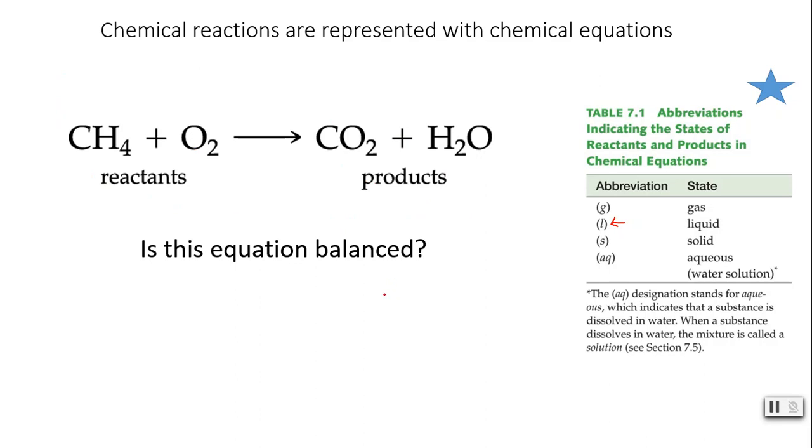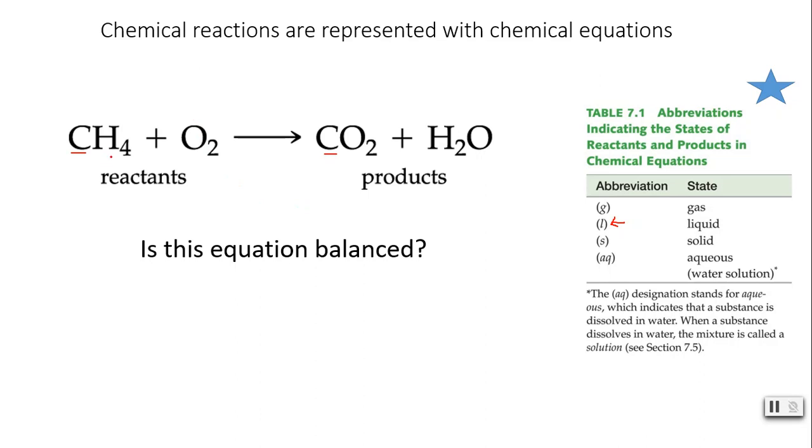In chemistry terms, if an equation is balanced, that means the number and type of atom on the left-hand side has to equal the number and type of atom on the right-hand side, or the product side. So looking at this equation, I've got 1 carbon on my reactant side, I've got 1 carbon on my product side. So my carbons are balanced, but my hydrogens and oxygens are not.